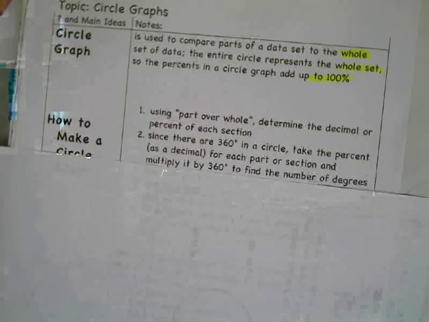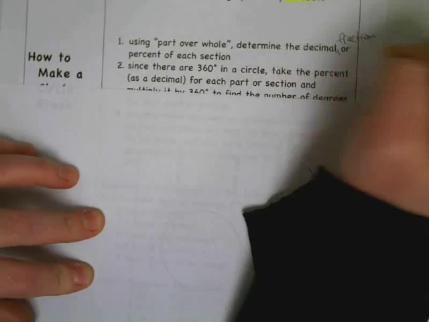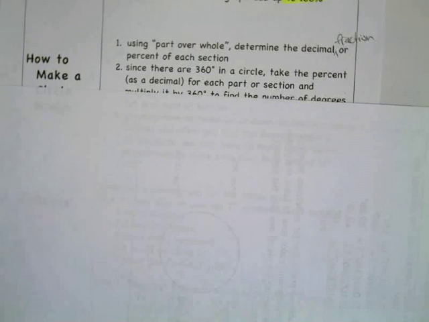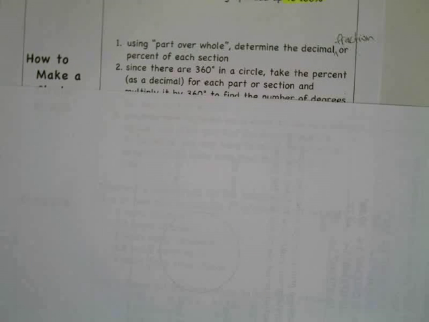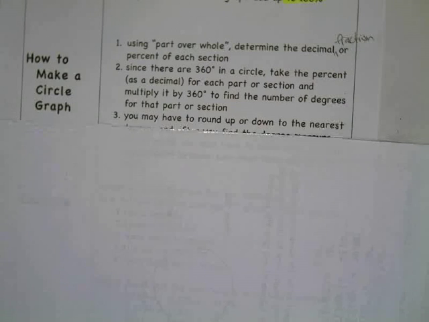So how to make a circle graph? Using part over whole, we determine the decimal, percent, and I even like to use fraction as well. Sometimes you can break it into fractions real easy. So decimal, fraction, or percent of each section. Since there are 360 degrees in a circle, you take the percent for each part or section and you multiply it by 360 degrees.